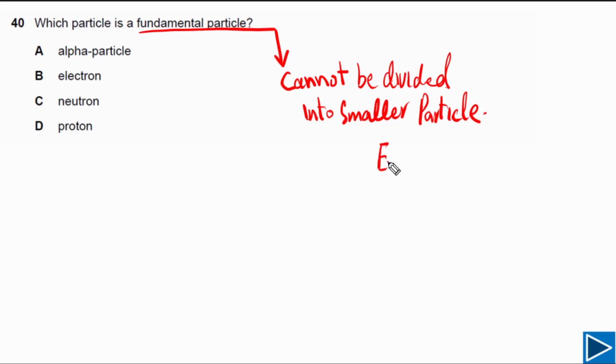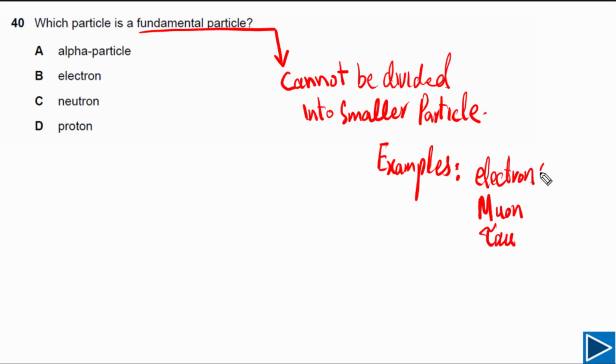Examples of fundamental particles are electrons. The best and easiest example to understand is the electron. Electron is a fundamental particle. Muon is also a fundamental particle. Tau is also a fundamental particle. All of them are leptons.